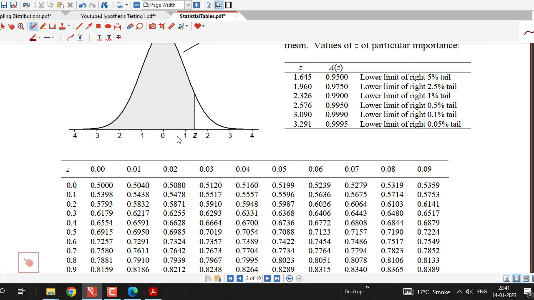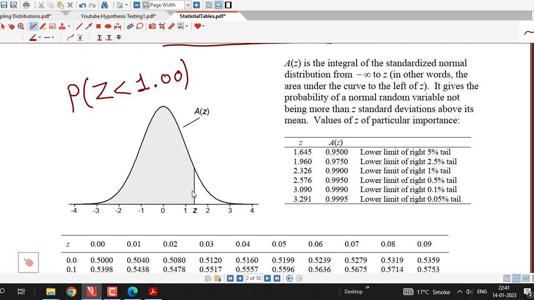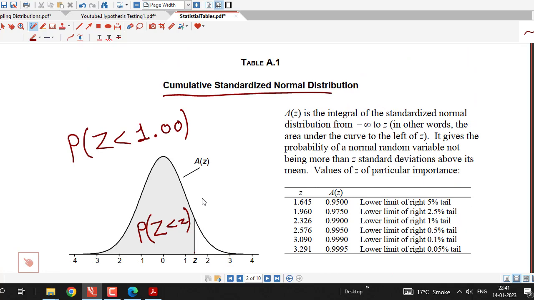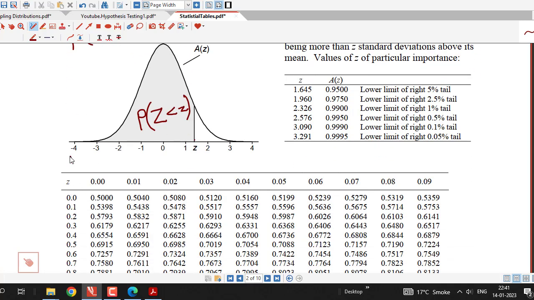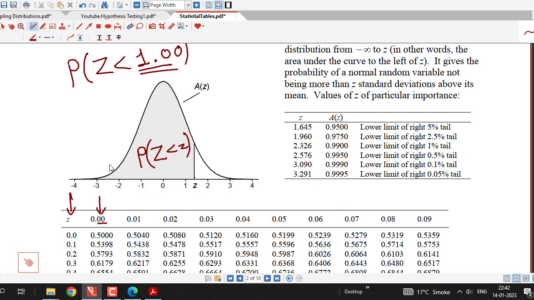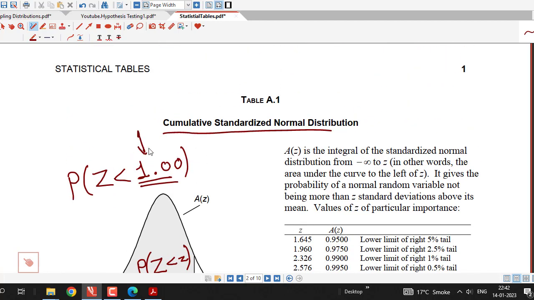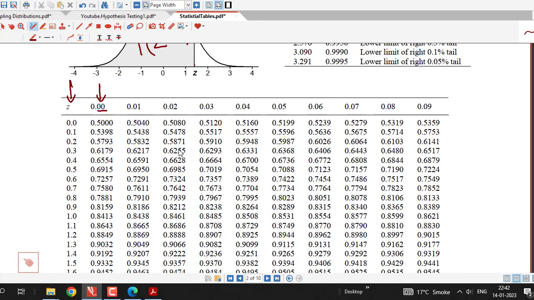So in the table we are given all those cumulative probabilities. This is the probability that capital Z is less than small z. So I have to search in this left column for 1, and here I have to consider 0.00 because my Z value is 1.00.